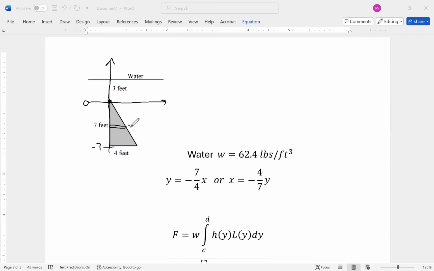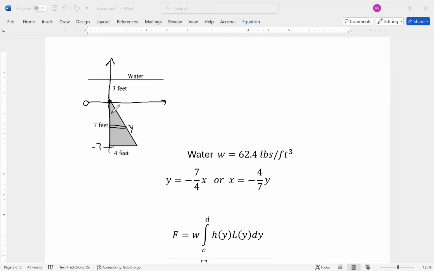And then our water line is at 3 feet above the x-axis. So the depth is going to go from 3 down to y. So we're going to go 3 minus y. Be careful, these y's are negative. So if we do 3 minus 1, we're at 3 minus negative 1. We're at a depth of 4.